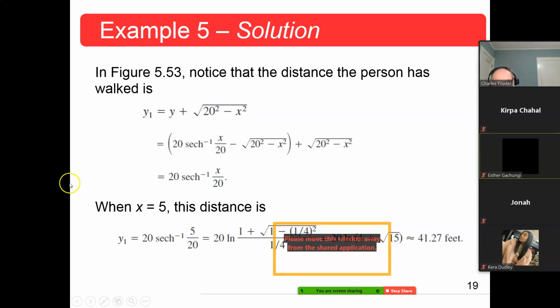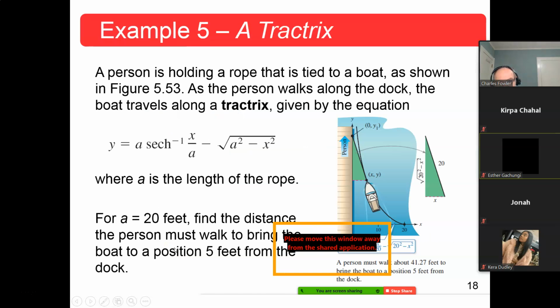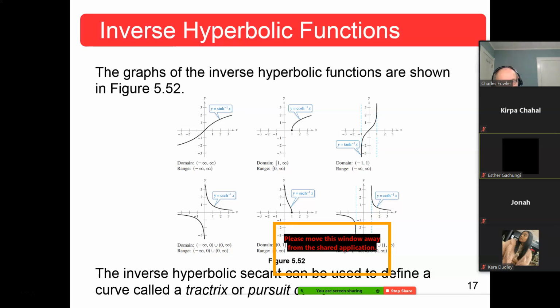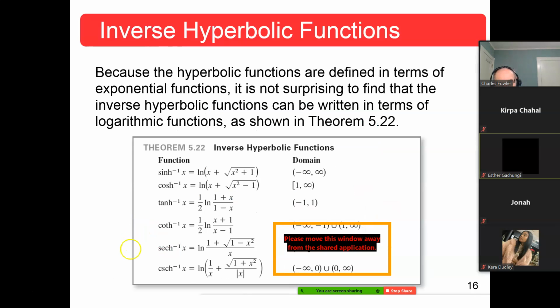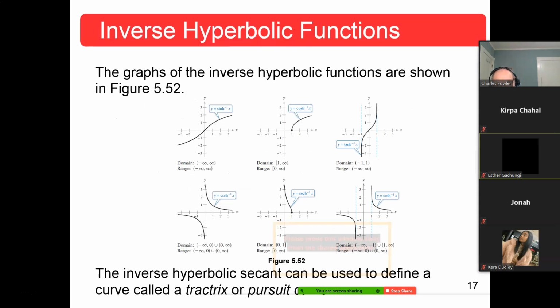Then what they do is plug in that formula we used for hyperbolic secant, which was back here. One more: inverse hyperbolic secant is this expression right here, log of 1 plus the square root of 1 minus X squared, and so on. And so this is what you plug in for inverse hyperbolic secant.